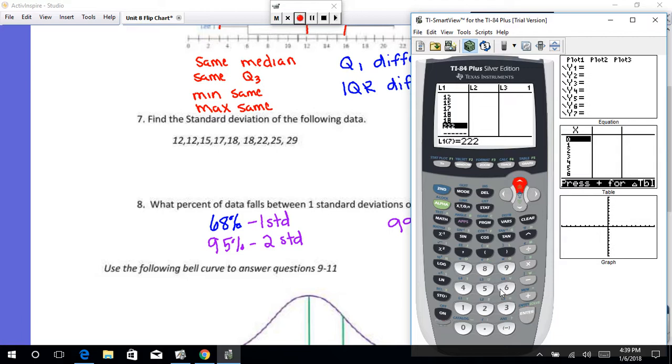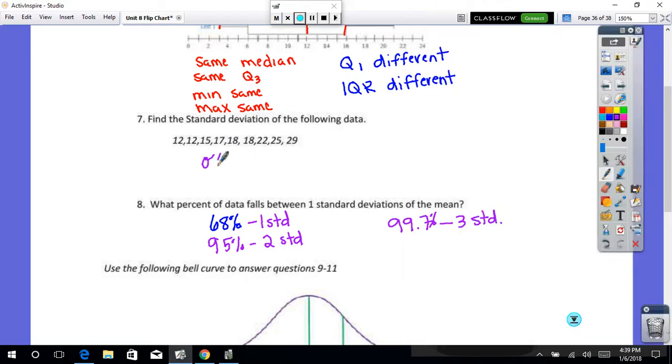Oops, see? 222. Not part of the data. That would be a major outlier if y'all remember what outliers are. 222 on this set of data will be an outlier. Okay, standard deviation is my cute little O with the X, and it is 5.42.